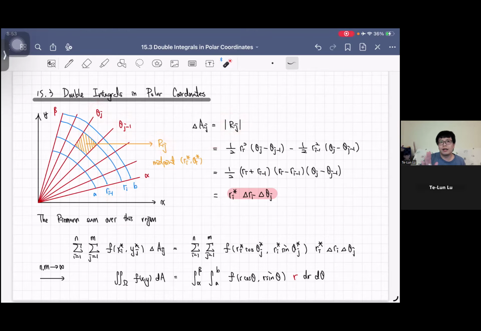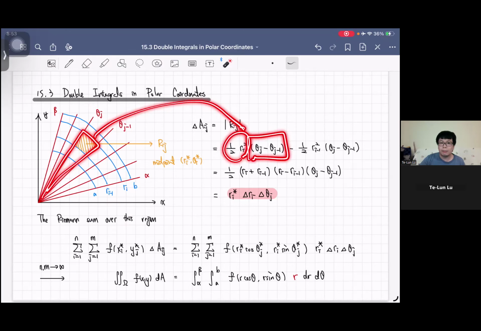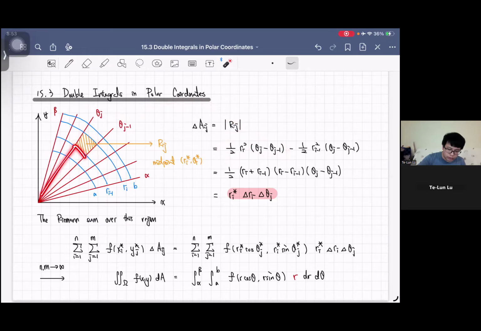Recall that given a radius and given the angle, the corresponding area of the sector is half of r squared theta. So the large sector here has area half of r_i squared times delta theta_j. Similarly, the small sector here has half of r_{i-1} squared times delta theta_j.